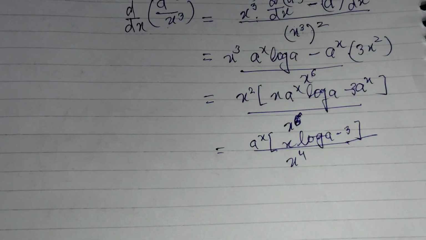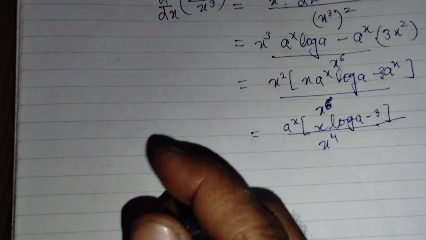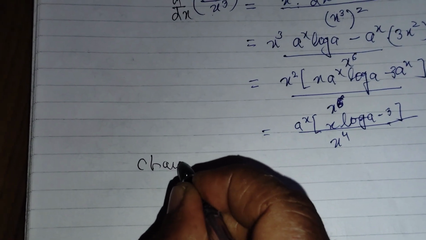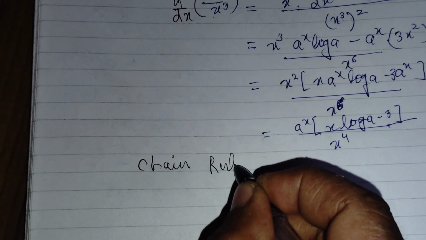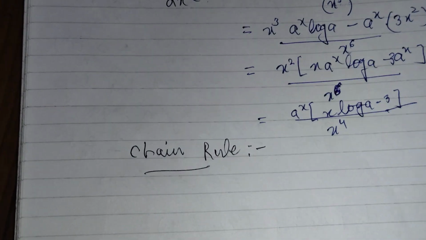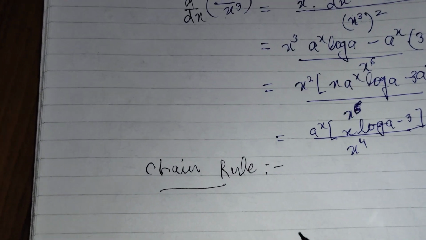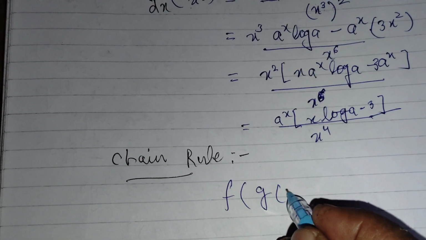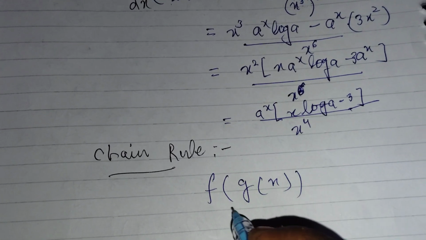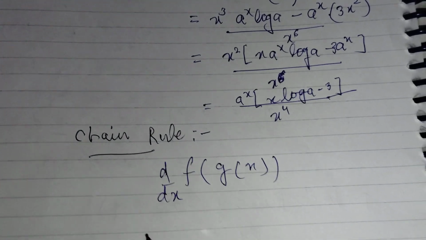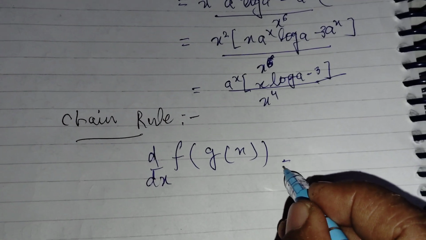The next rule is the chain rule, and this one is the backbone of differentiation. In the chain rule, remember, a function inside a function is present, and we want to find its differentiation. How do we solve?